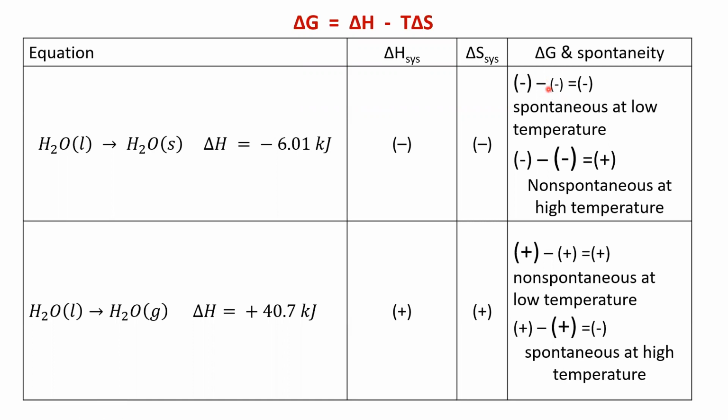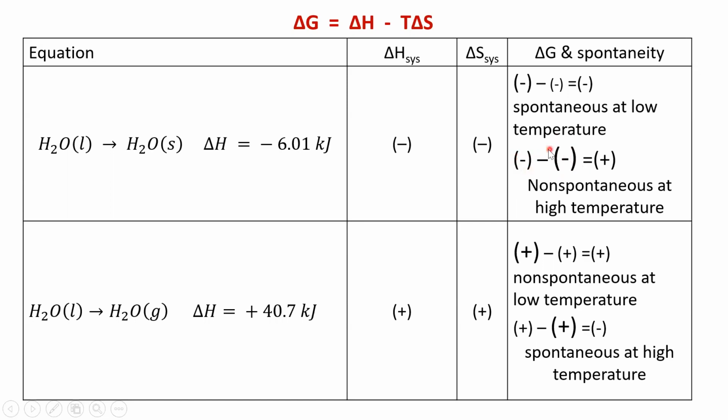If we're at a low temperature, this value here will be smaller than this value here, and delta G will be negative and the process will be spontaneous. But if the temperature is high, this T delta S value will be bigger than our delta H value.